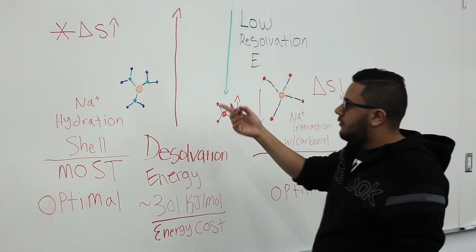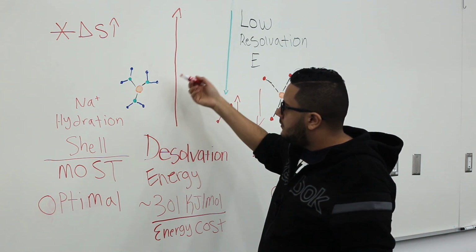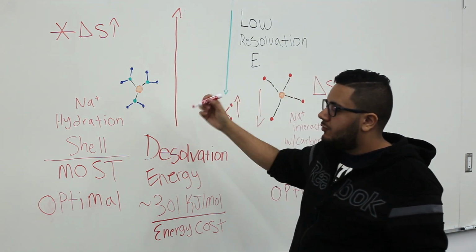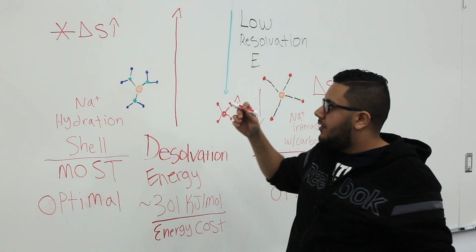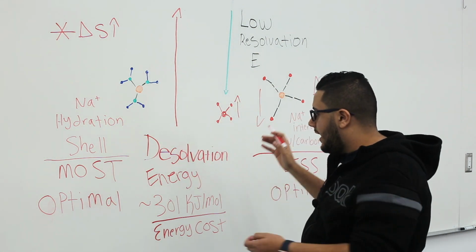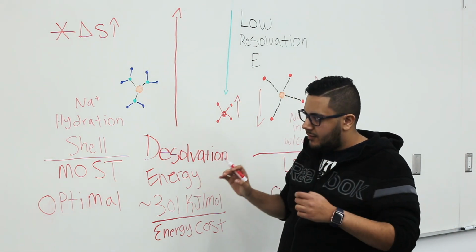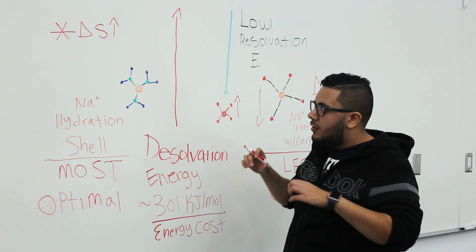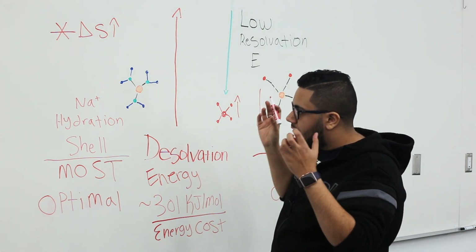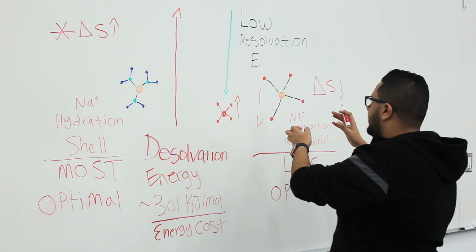But if we were to look at the interactions with water, sodium interacts with water and the interactions are much more optimal than the interactions that potassium forms with water. So that's why there's a high desolvation energy for sodium compared to potassium. It's a smaller ion, we have higher entropy, we can form more optimal interactions with water than we can with the carbonyl.